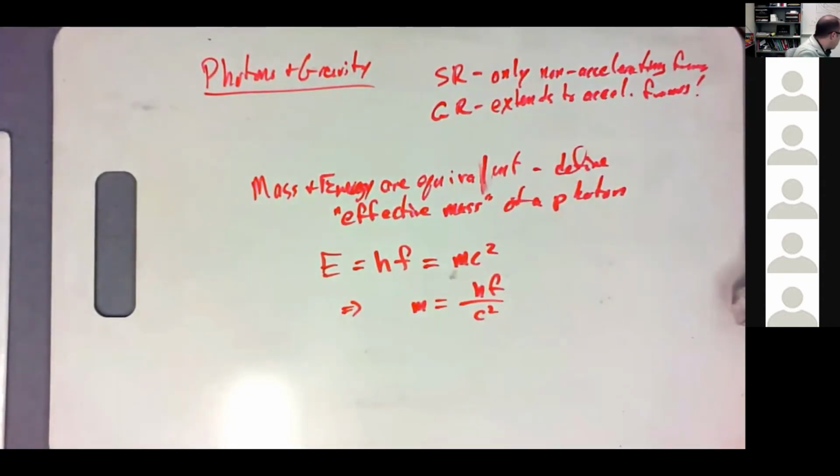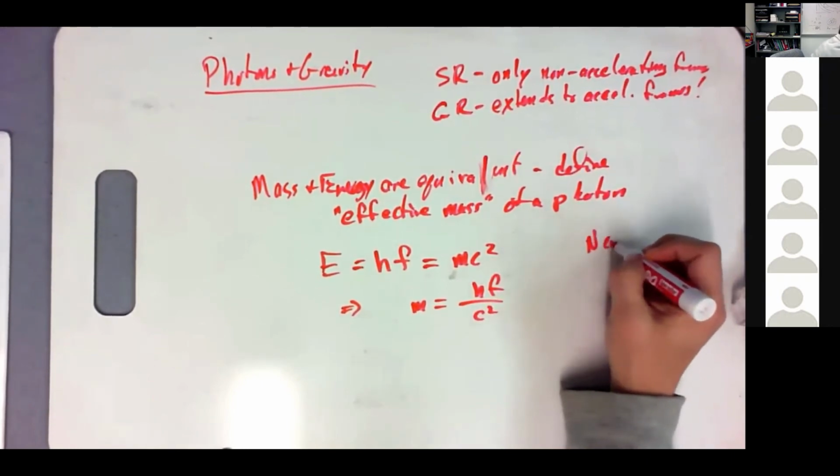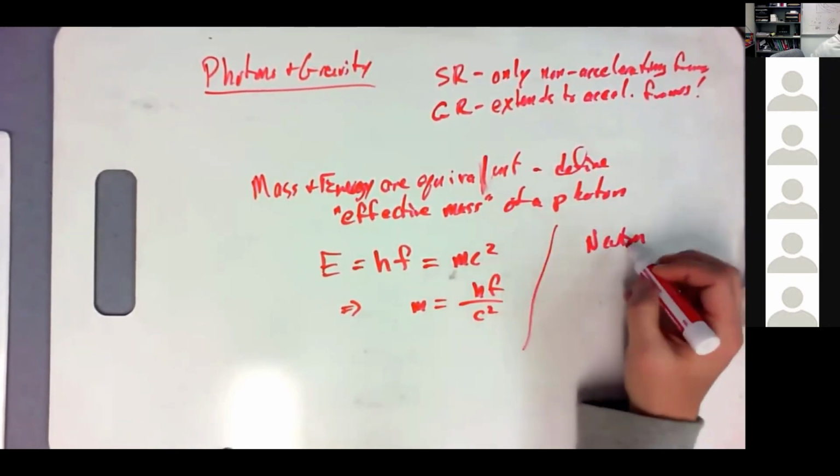Remember, this is one of the ways in which Newtonian mechanics fails dramatically, right? According to classical Newtonian mechanics, what is the gravitational force between two objects? This is the non-relativistic case.